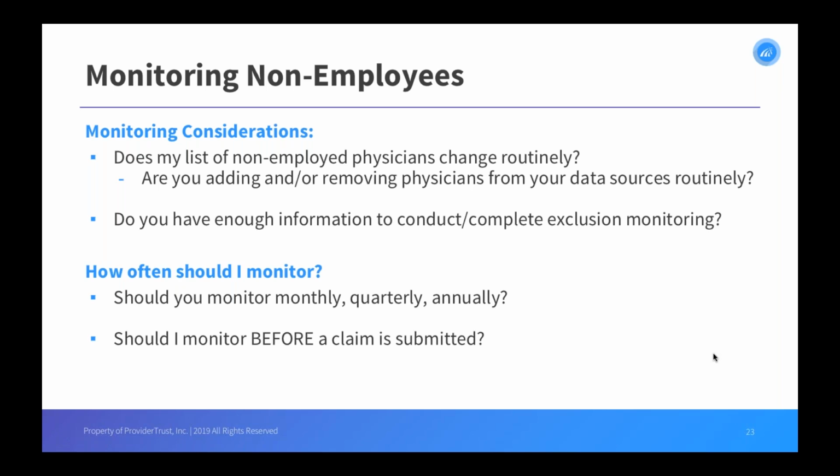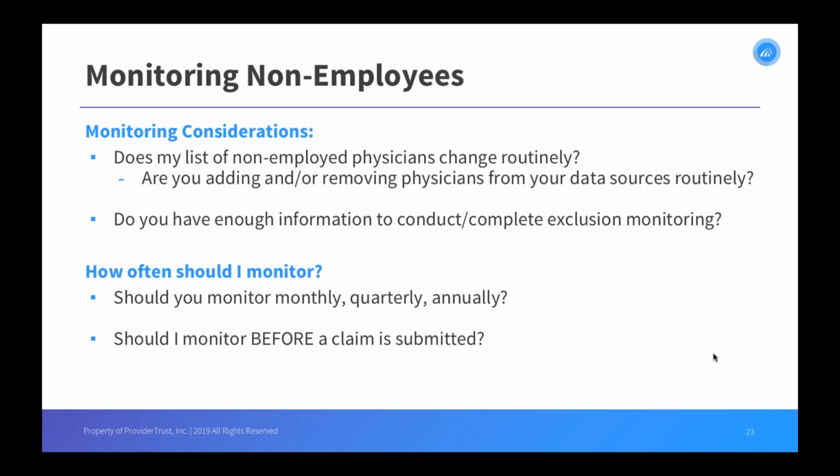Let's just say in a nursing home environment, I have attending physicians, and I might have 10 or 15 attending physicians. I would ask myself, am I adding physicians on a routine basis? Does that list stay relatively static? But maybe in a hospital setting, I have referring physicians coming every day, every week from all over. So maybe that list is changing pretty quickly.